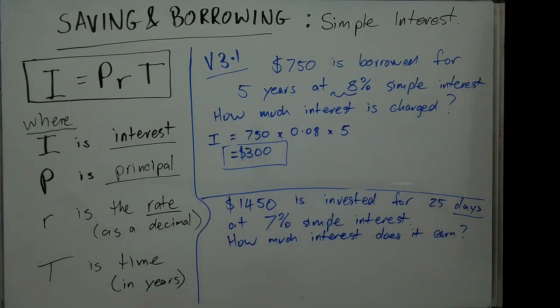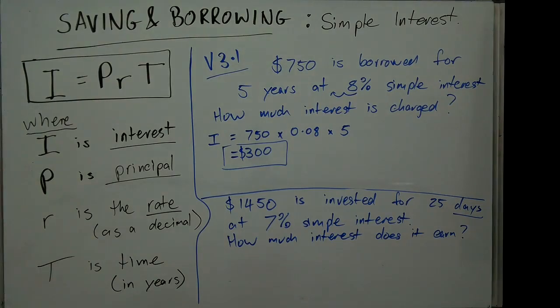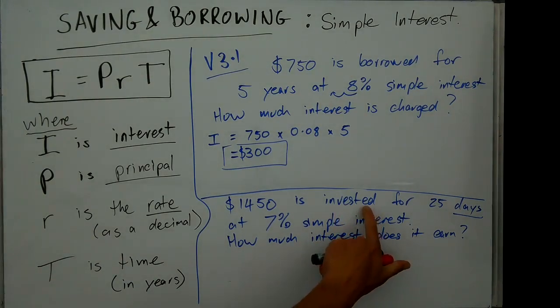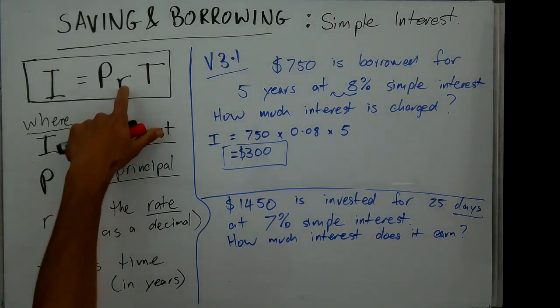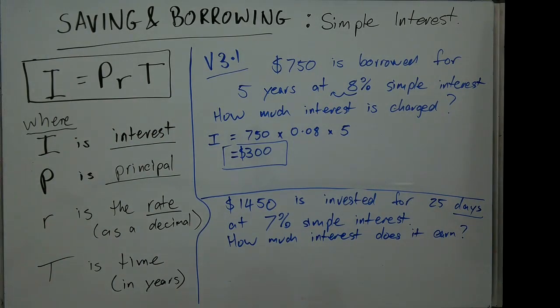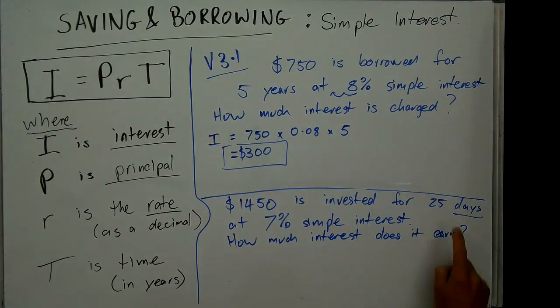Essentially, the person who lends you the money, they would see it as they're investing this money with you, so that at the end of the thing, they earn whatever the rate of percent is. So the important thing to look out for in this one is we're given the time in a number of days. But as I said, the T represents years. So we need to think about what we're going to do with that.